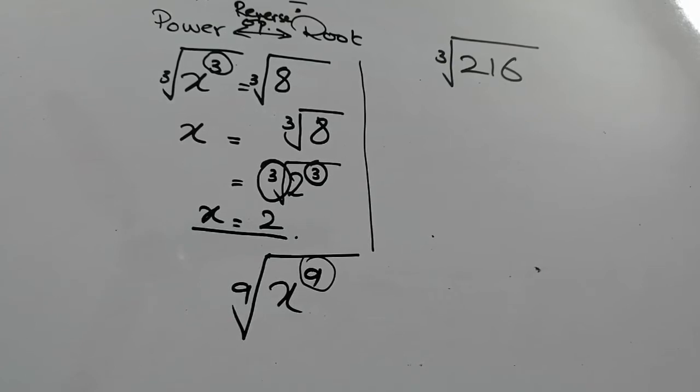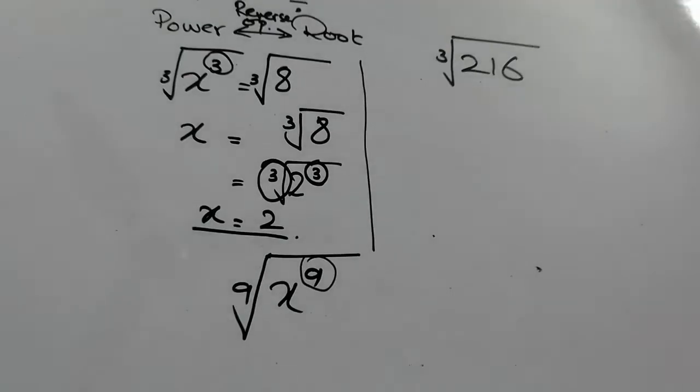It's not like only cube roots and cube numbers are reverse of each other, or square roots and square numbers are reverse of each other, but any power. That's why in the topic I have written that powers and roots have a reverse operation. They are reverse operations of each other. So it is true for every power or every root.